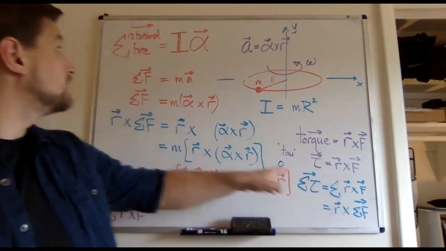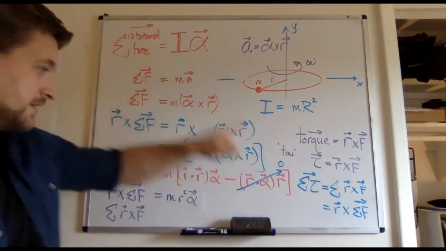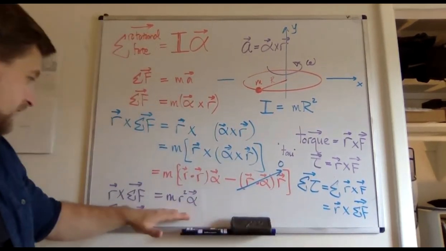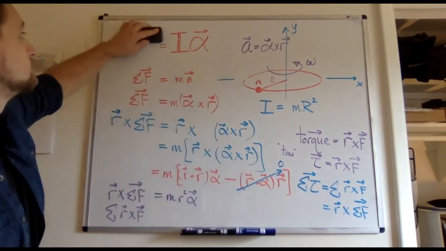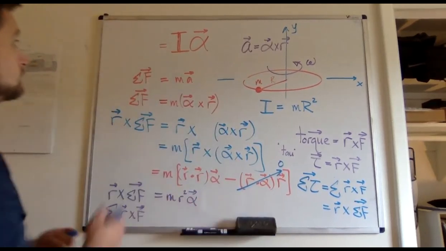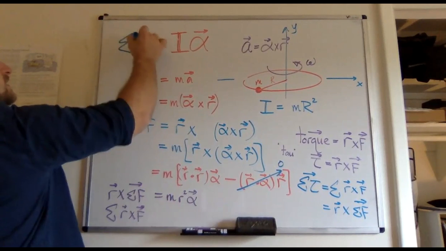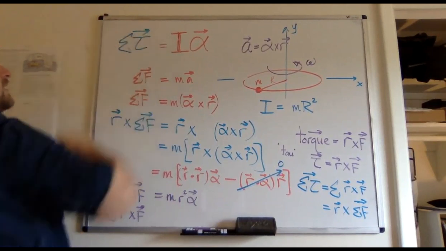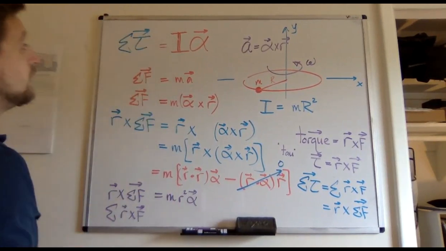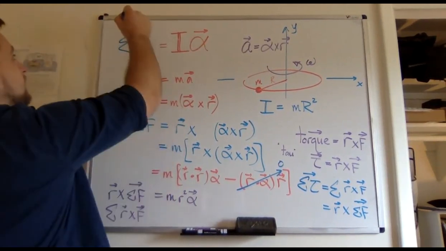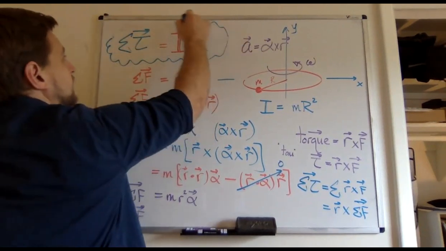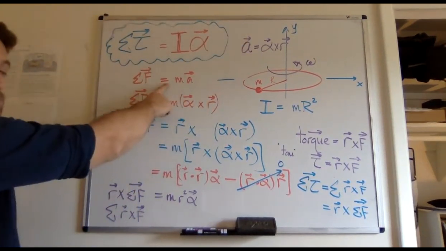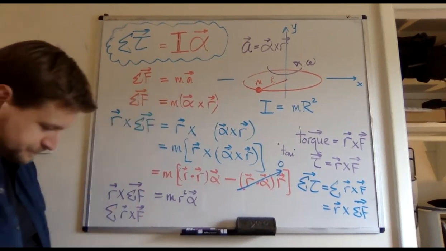Using that definition, we can fix this. This is the thing that is equal to this, which is what we wanted. So net torque, sigma tau vector, is equal to I alpha, and this is our rotational version of Newton's second law, because this is where we started from to get to it.